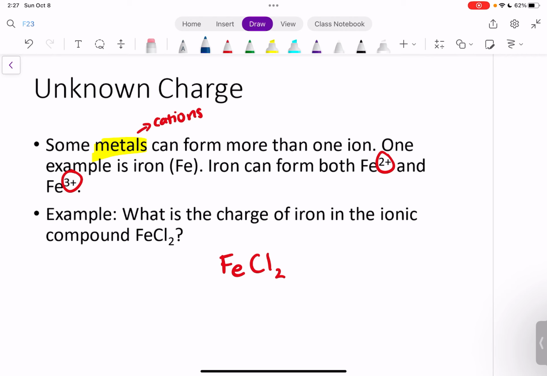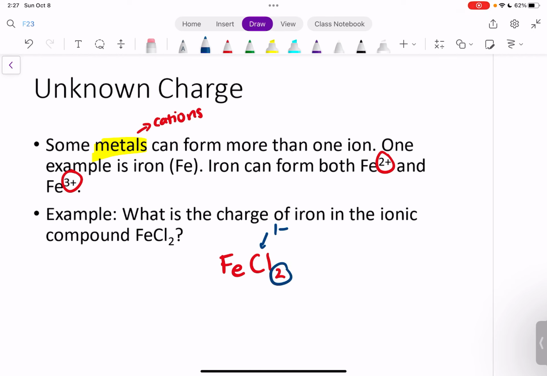No, right? Chlorine always just is going to form a 1 minus charge because it just wants one electron. Chlorine is not an exception. So chlorine, we know the charge on chlorines. They have 1 minus charges. But notice we have 2 chlorines.